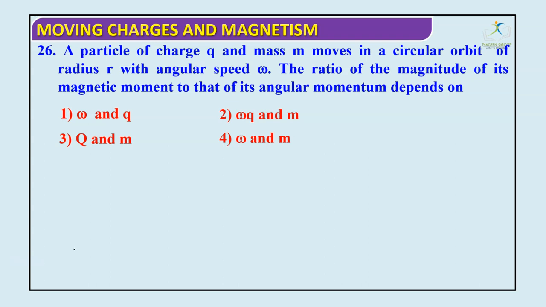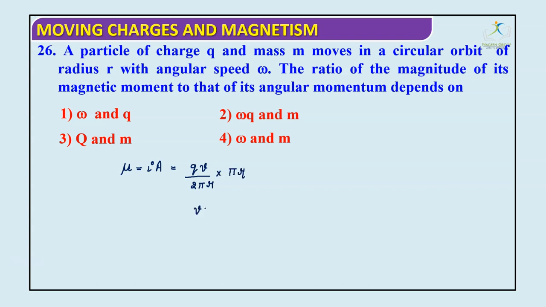So let's first try to solve this particular problem. As we know from the basic formula, magnetic moment mu equals I A, which equals q v by 2 pi r into pi r.